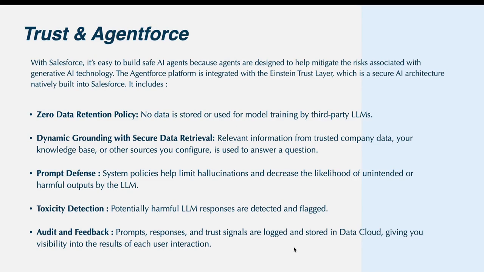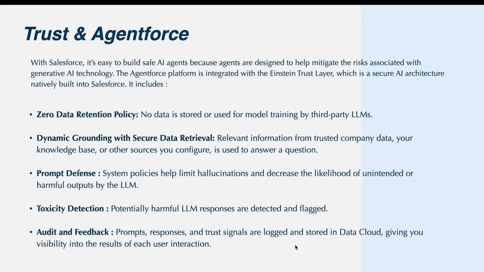Next, we have the prompt defense, which are the system policies that help limit hallucinations and decrease the likelihood of unintended or harmful outputs by the LLM. With toxicity detection, potentially harmful LLM responses are detected and flagged.